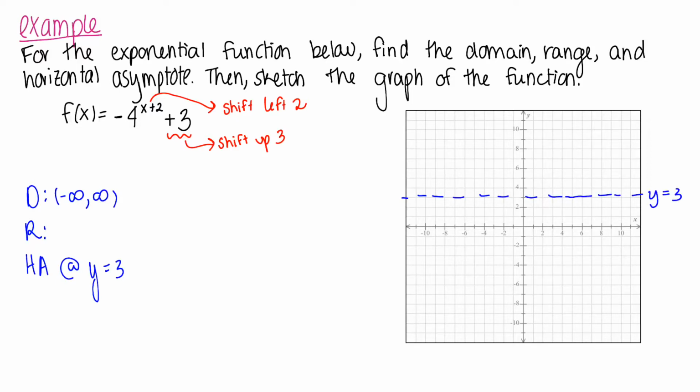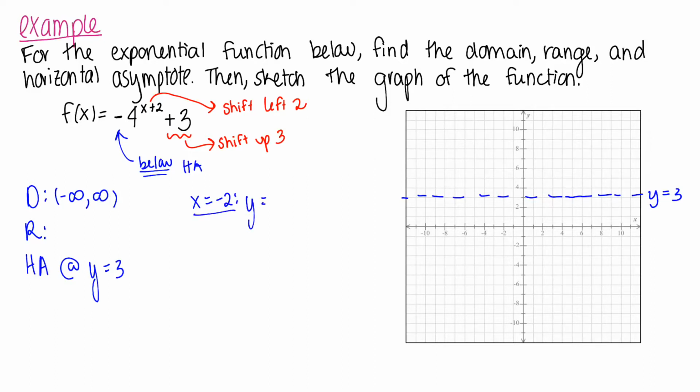Okay. There is a negative out front here, which means that we will be graphing below the horizontal asymptote. Let's go ahead and plug in some values. So what would make the exponent 0 would be -2. So x equals -2.